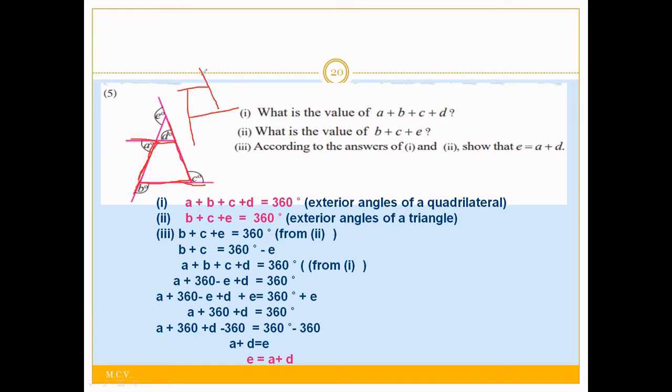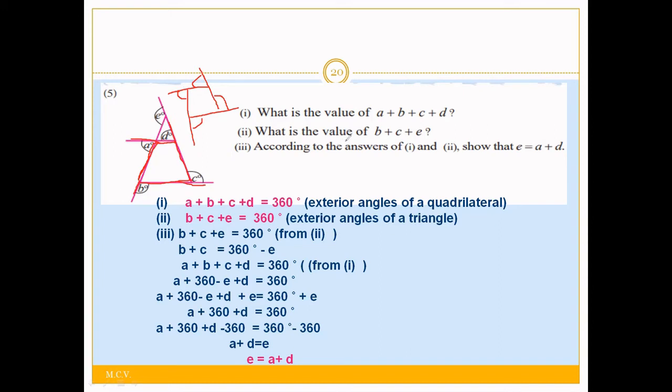So these are the exterior angles of that quadrilateral. So what is the sum of exterior angles of a quadrilateral? A, B, C and D, the sum of exterior angles of a quadrilateral is 360. So you can write that as 360. That is the sum of these angles.